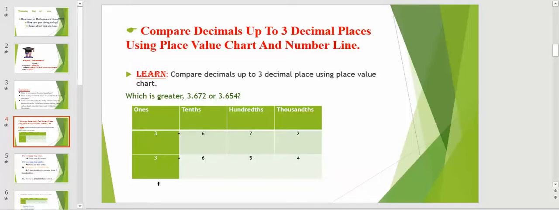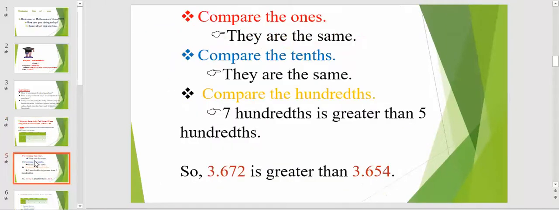Because 3 and 3 are the same, we compare the next place, tenths. 6 and 6 are also the same. We compare the next smaller place, hundredths. So 7 and 5. 700 is greater than 500. That's why we get the answer: 3.672 is greater than 3.654.